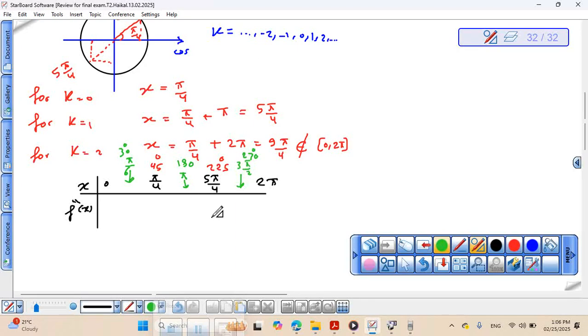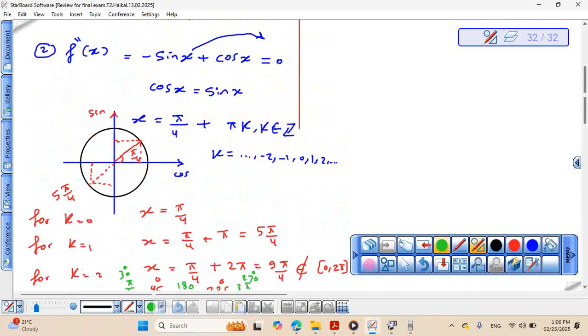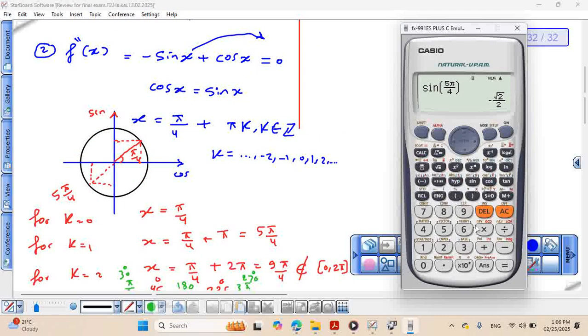To check we can use a calculator. This is easy now. What is the equation of the second derivative? Negative sine x plus cosine x. Then be careful to change your calculator to radian or degree.